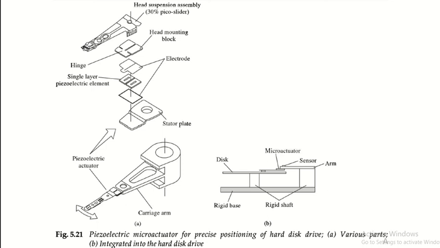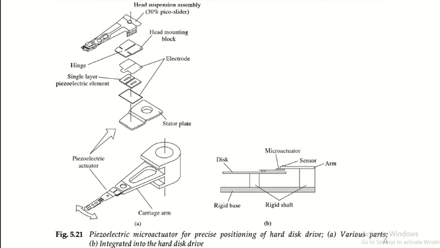Then two electrodes are shown here, which work as positive and negative terminals, and there is a single layer piezoelectric element between them. These electrodes provide a potential voltage across the terminals of this single layer piezoelectric material. Then there is a stator plate which allows this complete upper assembly to be fixed with the piezoelectric actuator or the carriage arm.